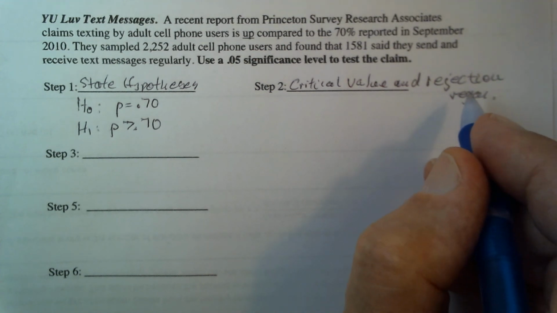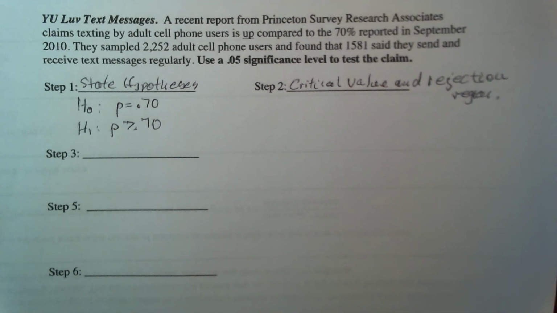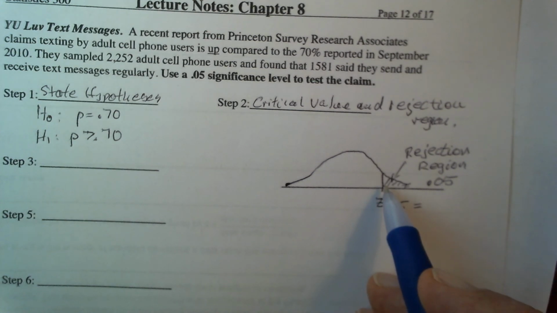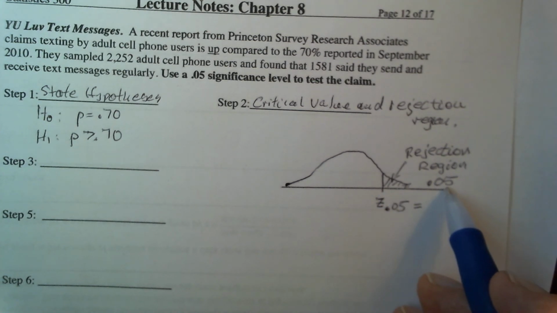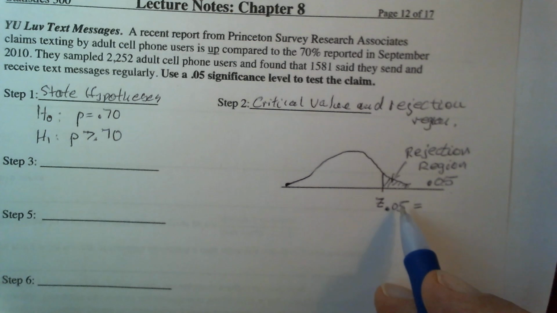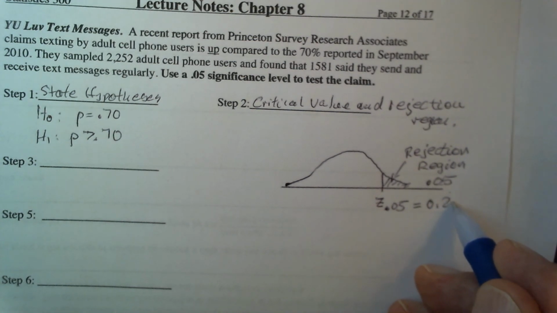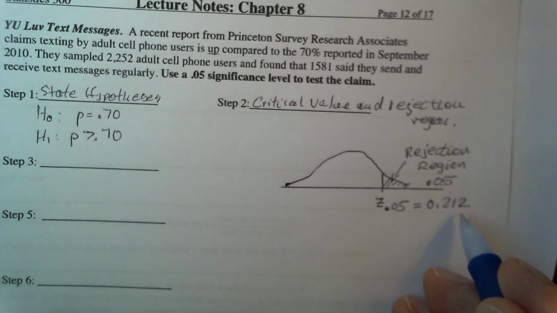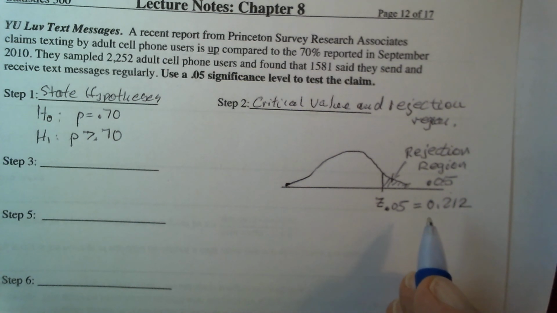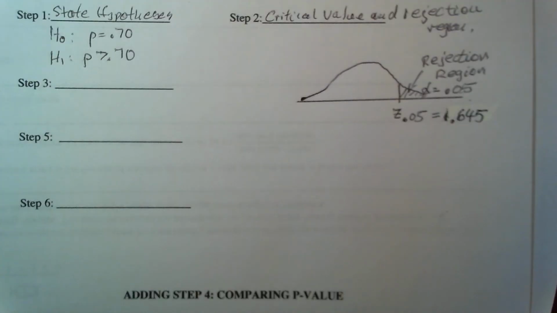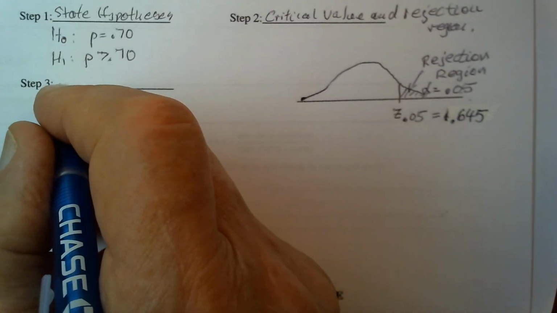So you always want to draw a little picture to visualize what you're supposed to do. So we graph our distribution, and here's our rejection region, which is 0.05, and so the corresponding z-score is 1.645, whether you use technology or the z-score tables. Step 3 is to compute our test statistic.